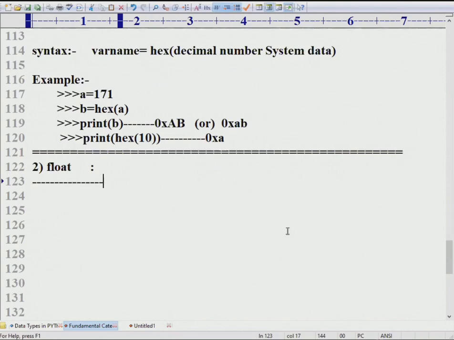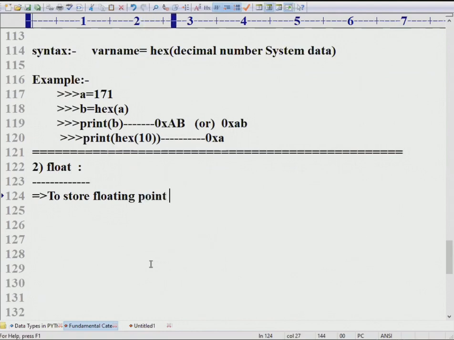Simple and straightforward. As we discussed the int data type, this is easy to understand, but there is one important point. The purpose of this data type is to store floating point values.